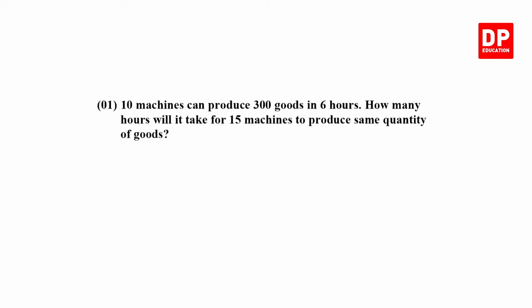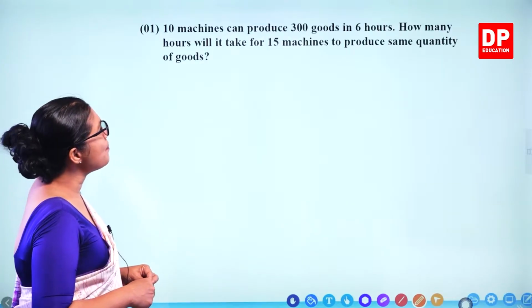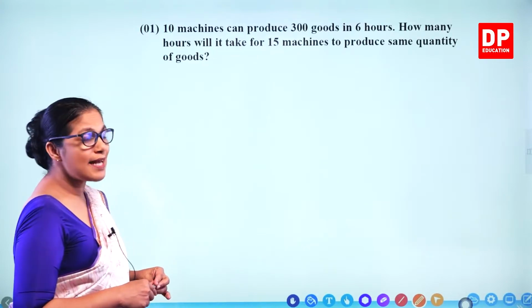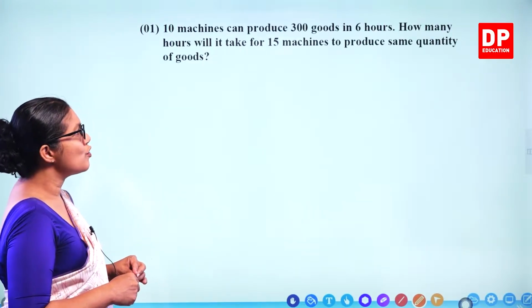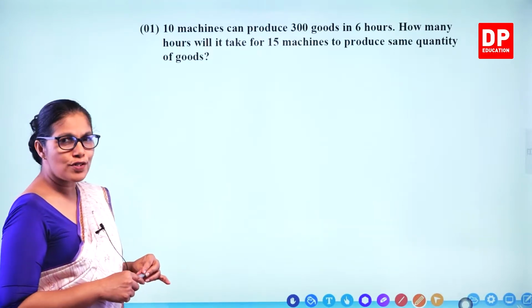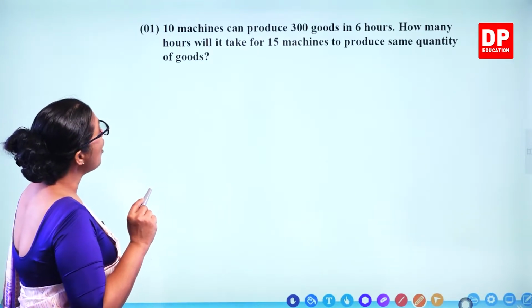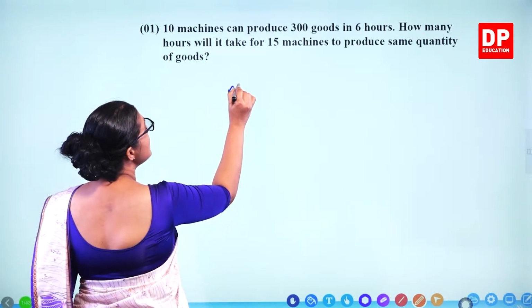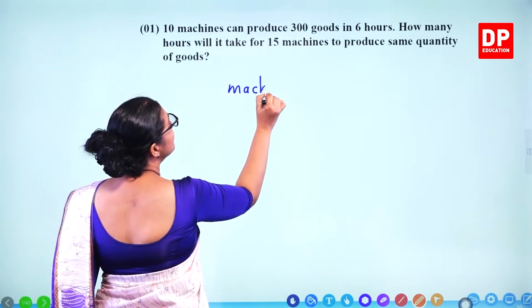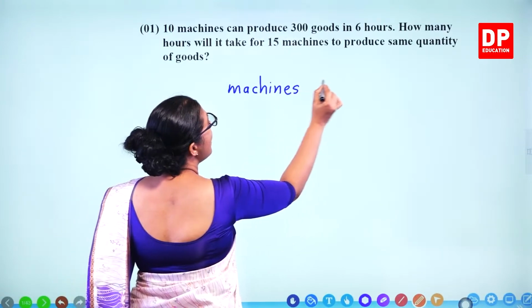Let's take question number 1. 10 machines can produce 300 goods in 6 hours. How many hours will it take for 15 machines to produce same quantity of goods? So we have to find out how many machine hours are there. So machines and hours.